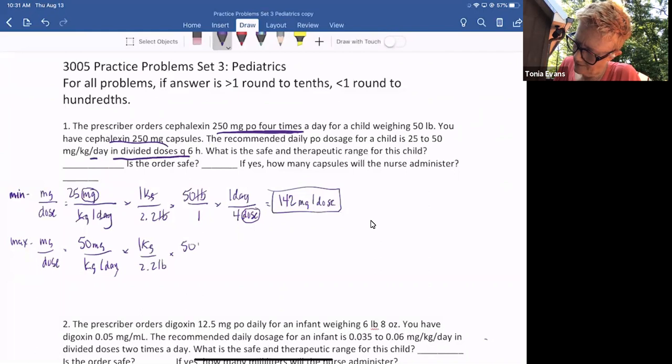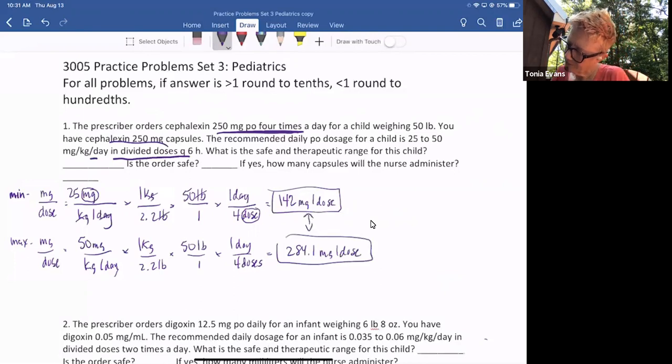Writing too fast there. 50 times 50 divided by 2.2 divided by 4 equals 284.1 milligrams per dose.